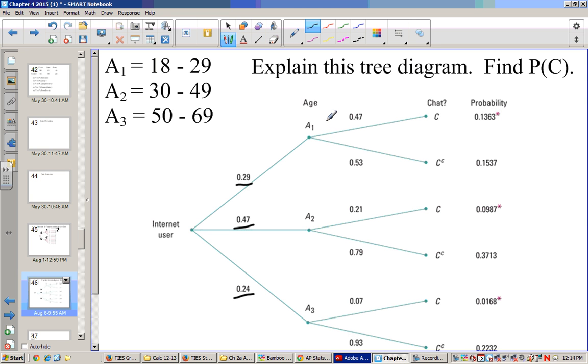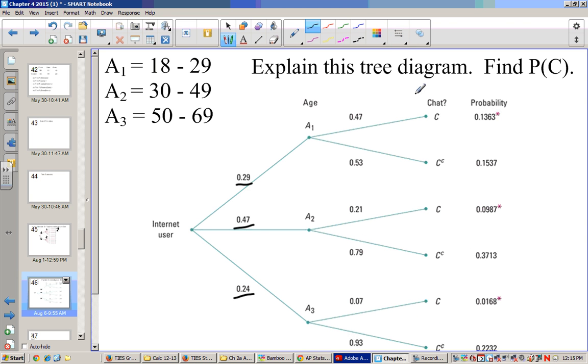I think this was a few years ago, but 47% of the younger demographics did, or 53% didn't. And the next age bracket, you can see that the proportion of people using is going down. Now, in order to find the probability, again, you multiply 0.29 times 0.47, you get the probability over here. And so on and so on to find all of the probabilities.